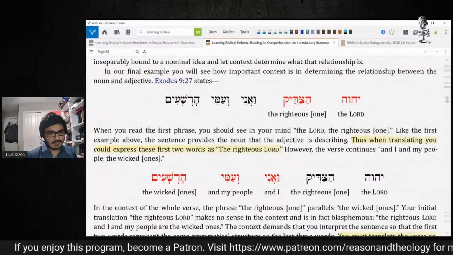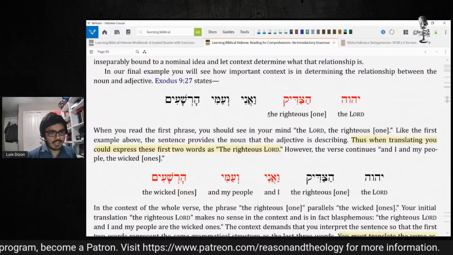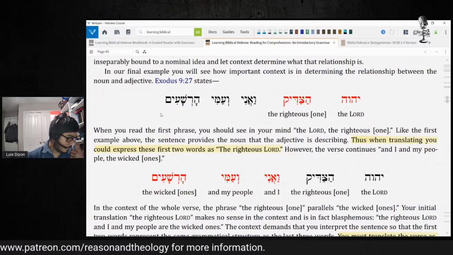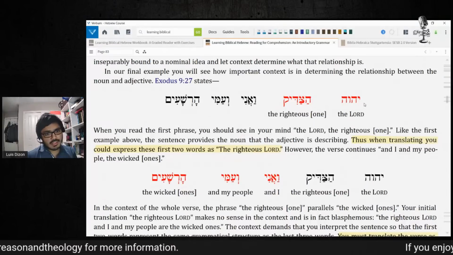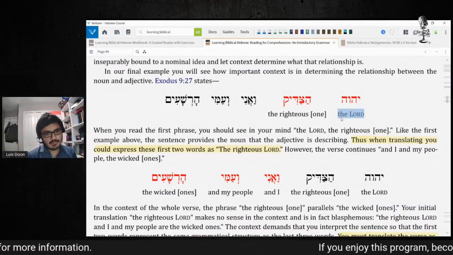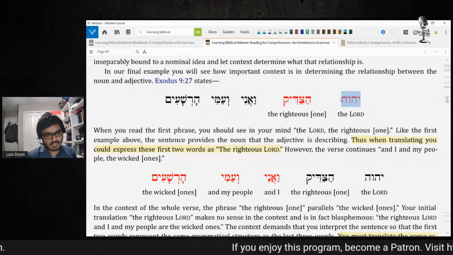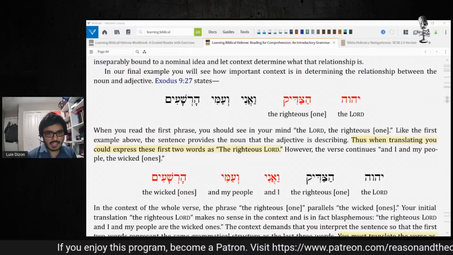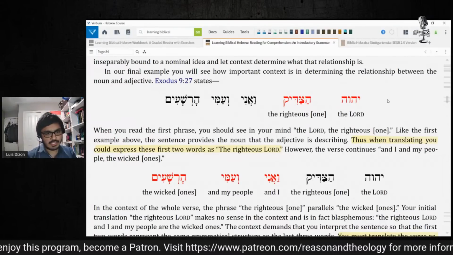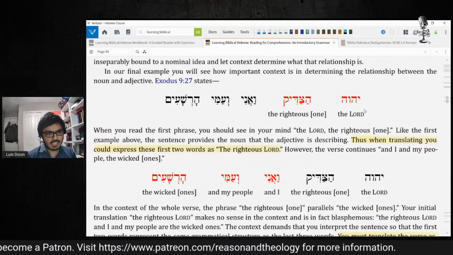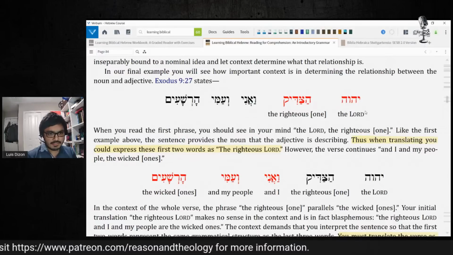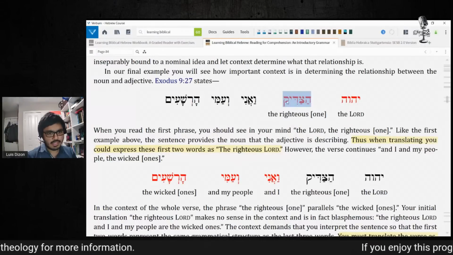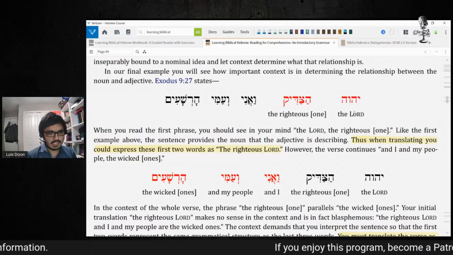So here's another example. Adonai hatzadik ve'ani ami harshaim. Note that the Lord, or Adonai, even though it does not have a definite article, is a proper noun, and proper nouns are naturally definite. They do not need a definite article. So hatzadik here would be attributive. It is agreeing with Adonai in definiteness.